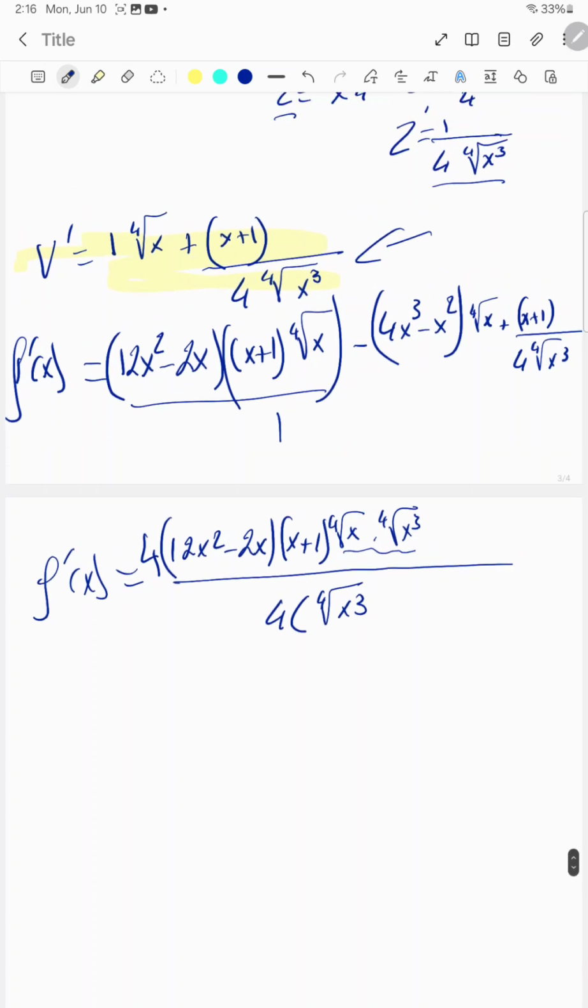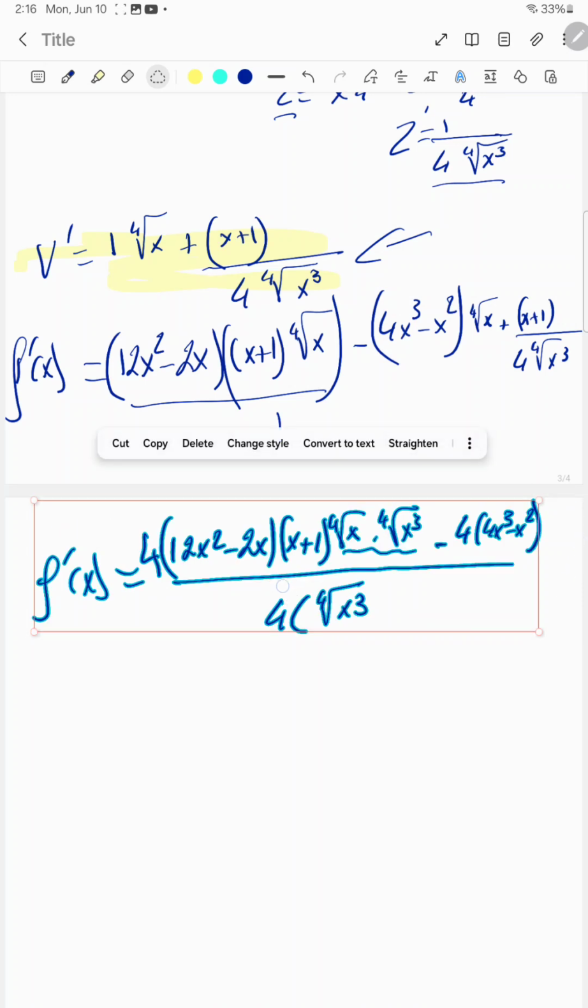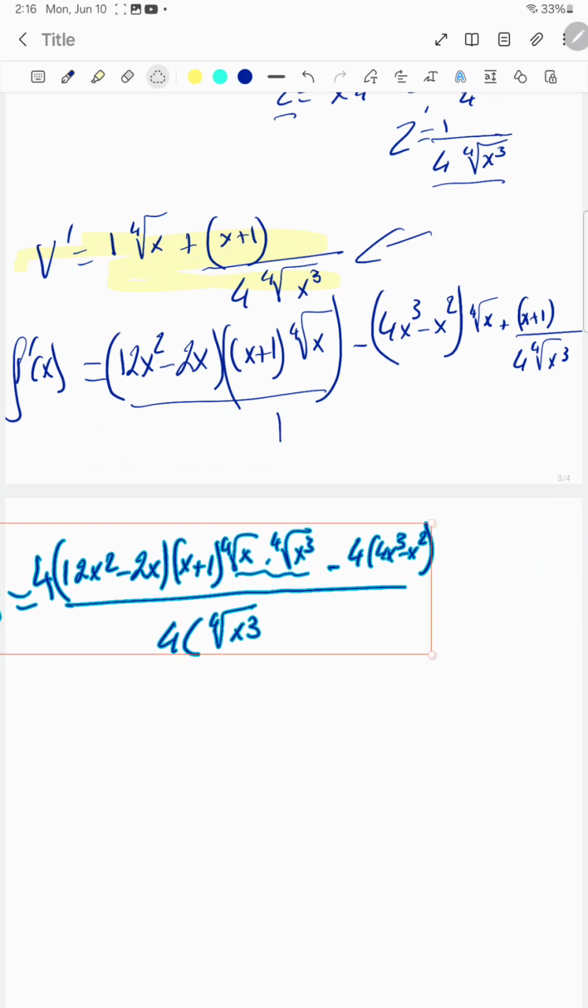If I multiply them together, it becomes x, minus 4 times 4x to the power of 3 minus x to the power of 2. I don't have enough space, let's put it here.